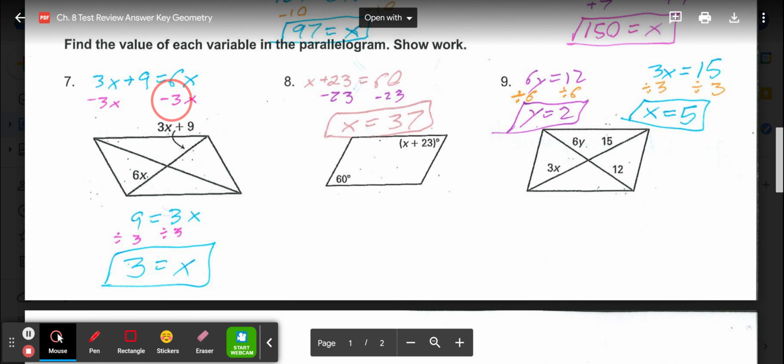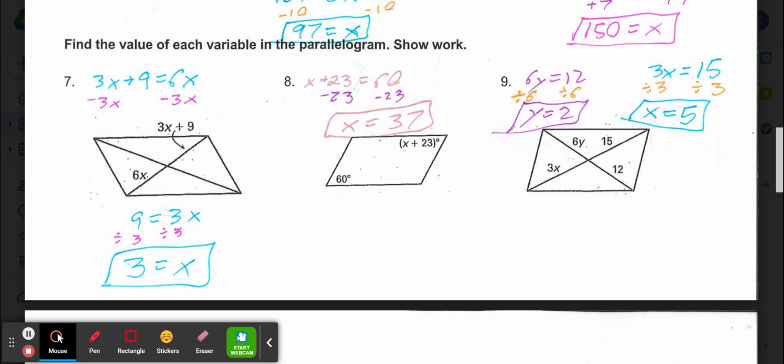So then we subtract 3x from each side, and 3x equals 9, divide by 3, and x equals 3. Then with number 8, in a parallelogram, we know opposite angles are congruent, or equal. So 60 would equal x plus 23. So we simply subtract 23 from each side, and x equals 37.